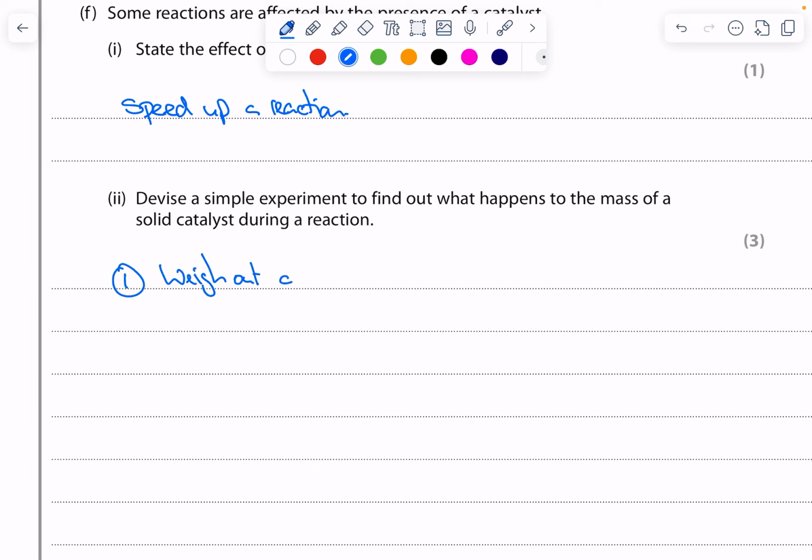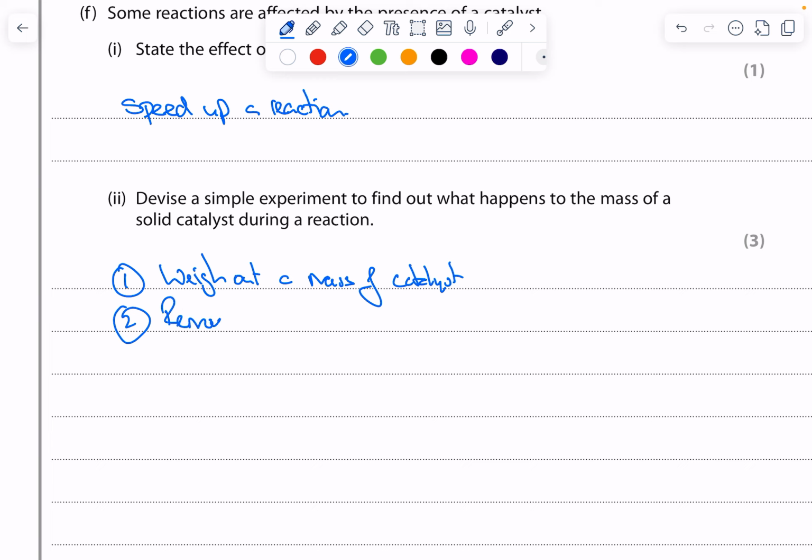weigh out a mass of the catalyst. You then leave it to react, and once it's done its reaction, you would remove the catalyst from the container.